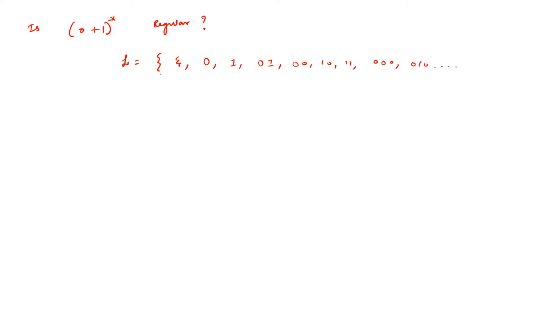So this language accepts almost every string, and this language also accepts 0 power n, 1 power n. Intuitively, 0 power n, 1 power n is not regular because we are forcing the language to reject strings of these other types.